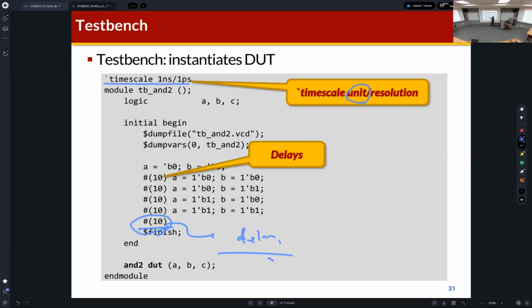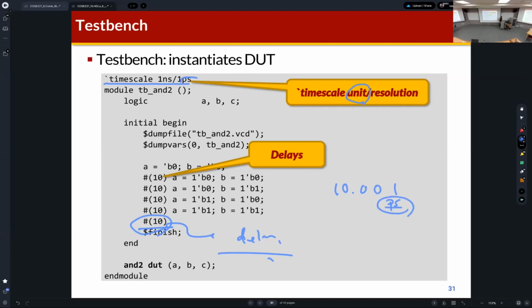So 10 nanoseconds. Then what is the resolution? The resolution is the picosecond, which means that in this code I can define down to 10.001. This is the picosecond.